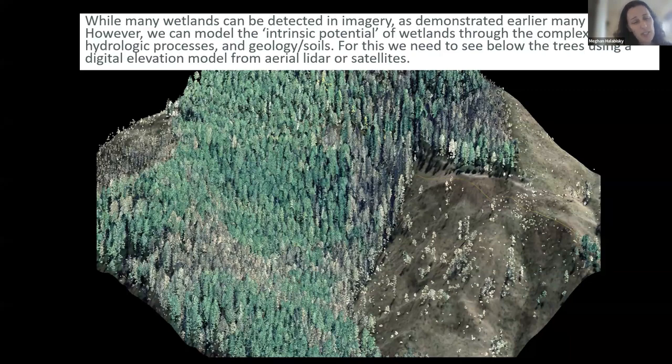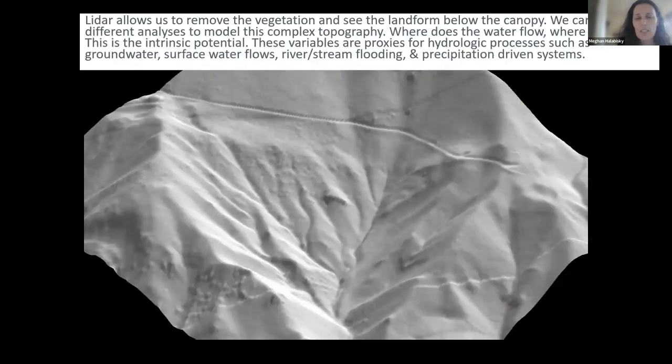That light can penetrate through the canopy and let us see what's happening below the canopy surface, providing really detailed terrain models like this one. This can be used to help us understand the different landscape features where wetlands tend to be, as well as monitor or model the flow of water.